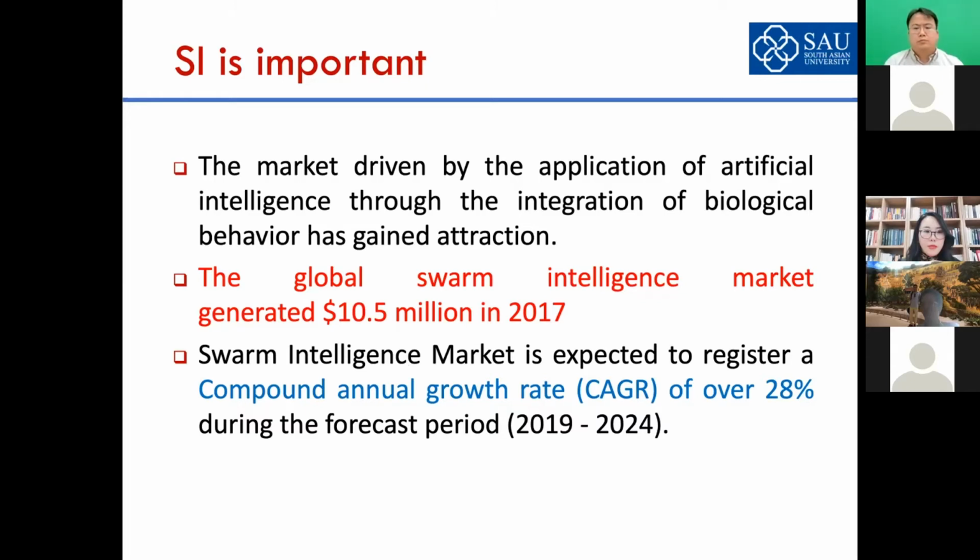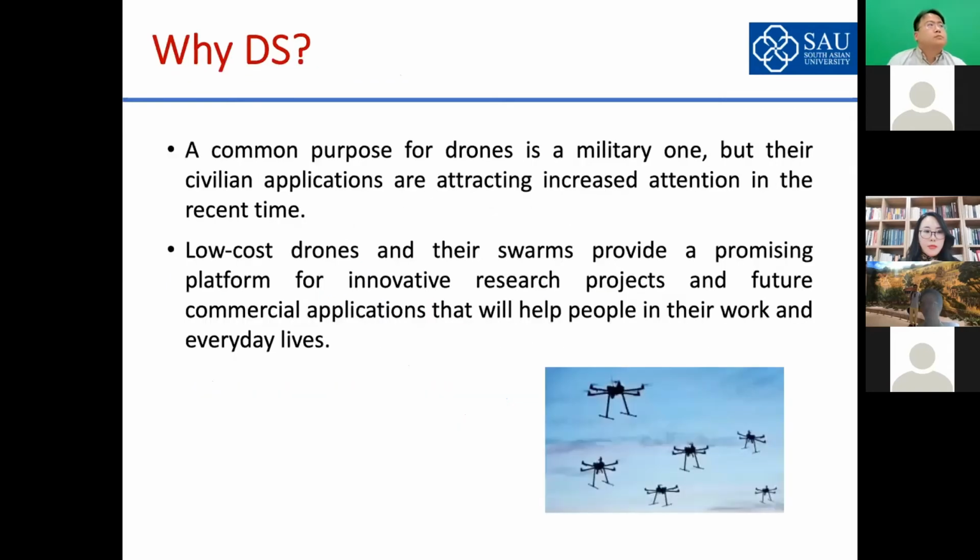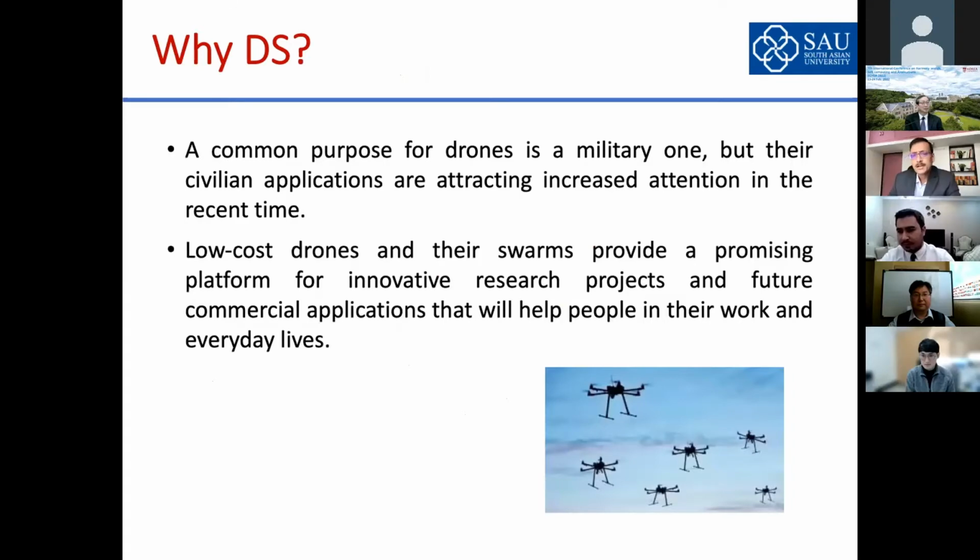Why is the drone swarm becoming popular? One immediate application of the drone swarm is military, but civilian applications are also very popular. China, Taiwan, and Korea are of course ahead on this.